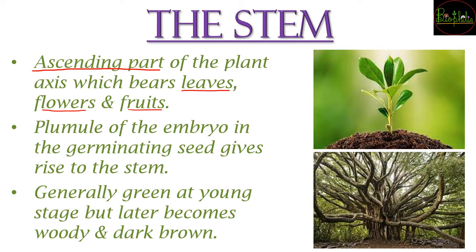Now, with regard to the previous video, root was going to be developed from the radicle. So the radicle that was in the germinating seed, similarly the stem is going to come from the plumule. So plumule से बनेगा stem और radicle से बनेगा root.